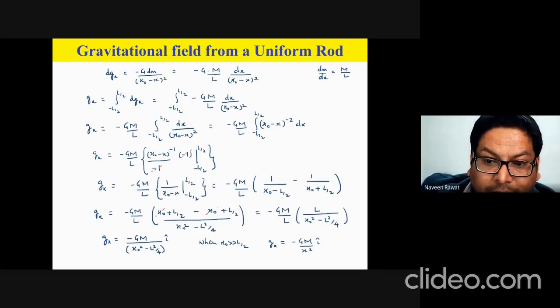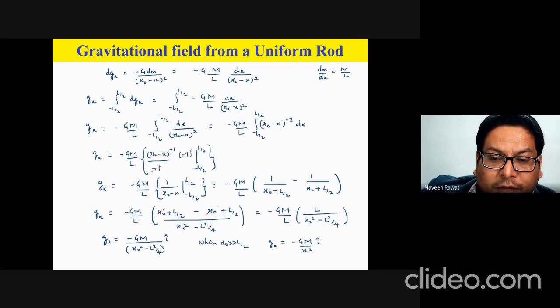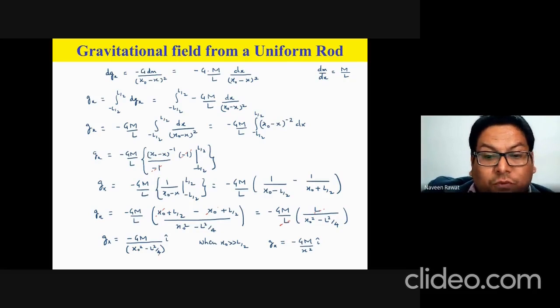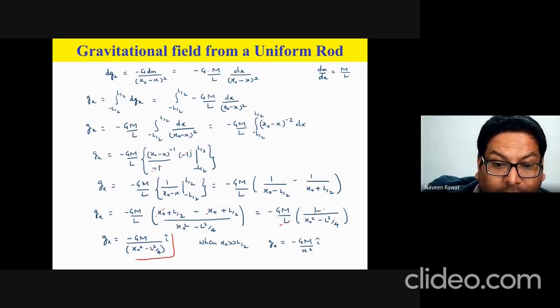So that is L, and you have the denominator x0 square minus L square by 4. That is just the LCM here, (a plus b)(a minus b). And the factor is GM by L. So L will cancel again, and now you have simplified it as minus GM by (x0 square minus L square by 4).